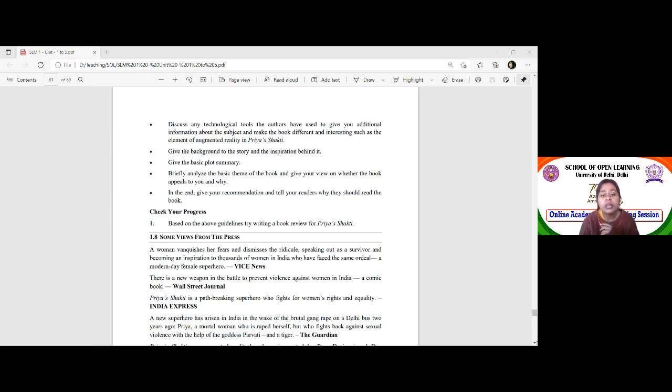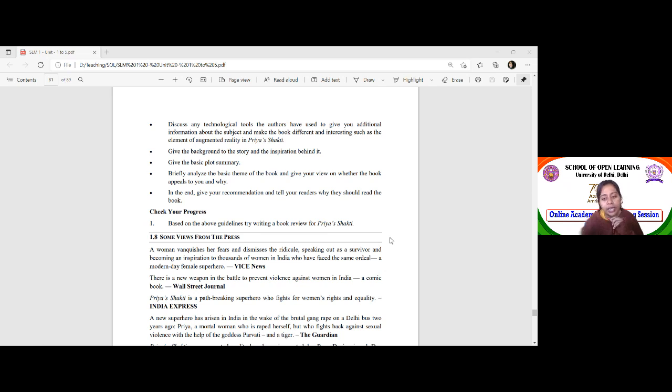Now let us look at the format that you have to follow for writing a book review. So a book review, like all your essays and other things, definitely follows a very simple format, which is having an introduction, body, and conclusion.